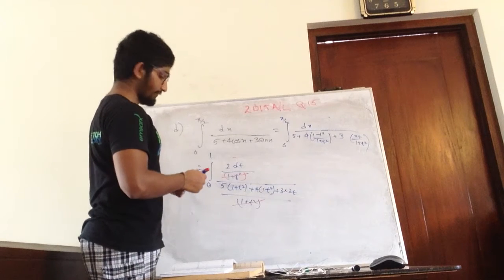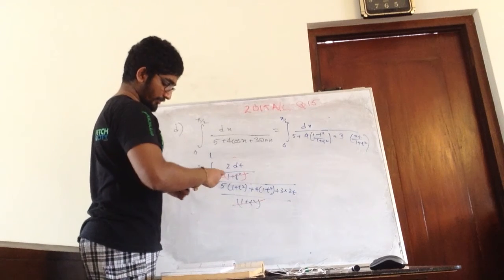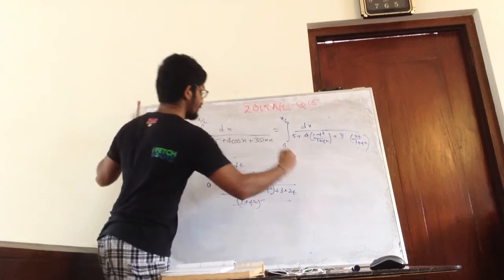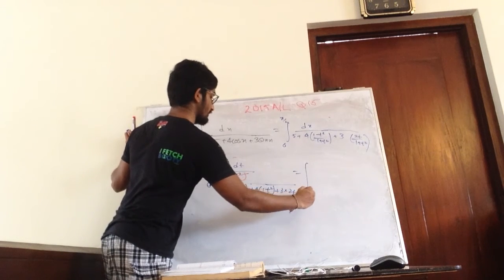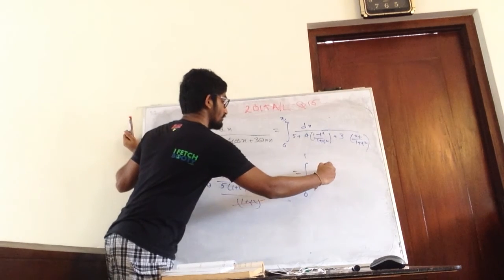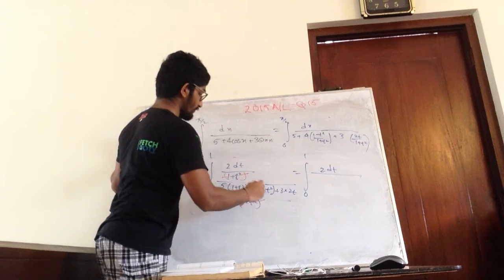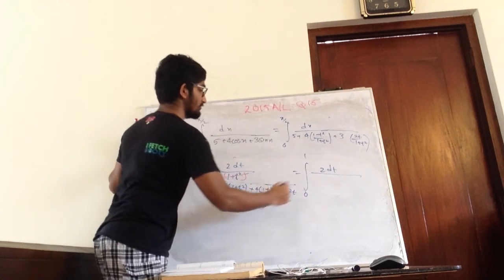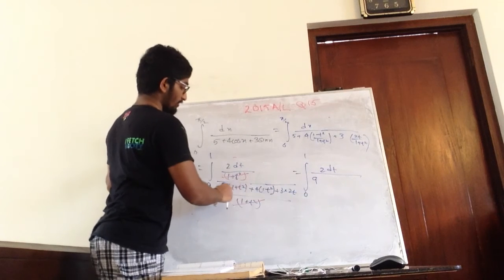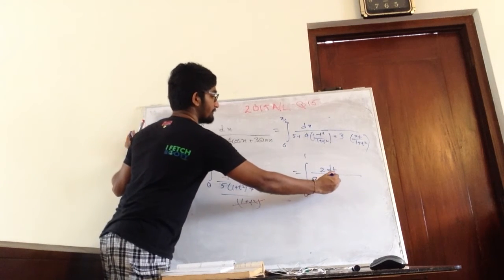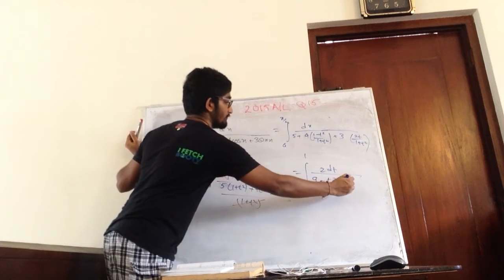Then what do I have? So now I have 2 dt. Let's simplify this out and see what sort of answer we get. 0 to 1, 2 dt. This is 5 plus 4, which is going to be 9. 5t squared minus 4t squared is going to be t squared. Is going to be 16.